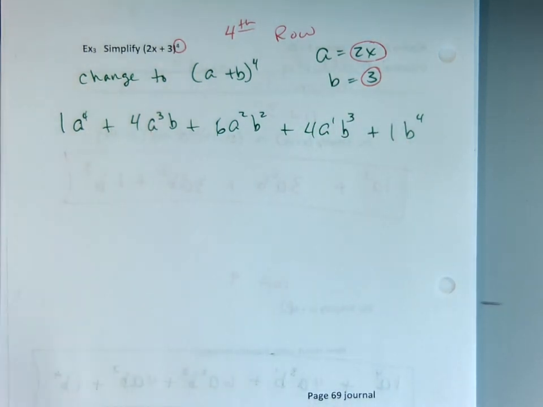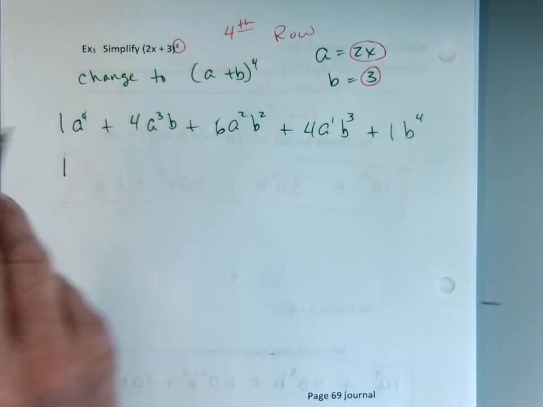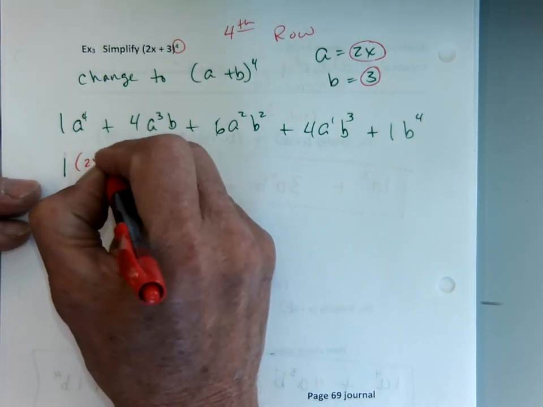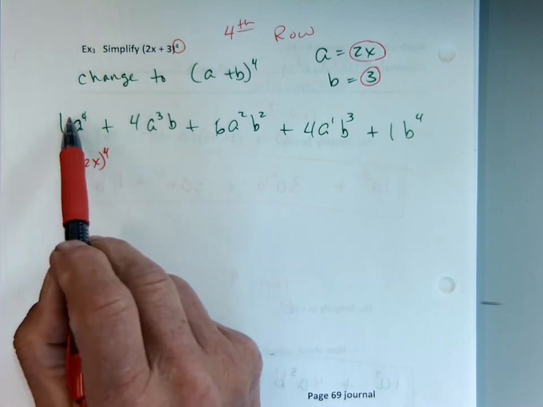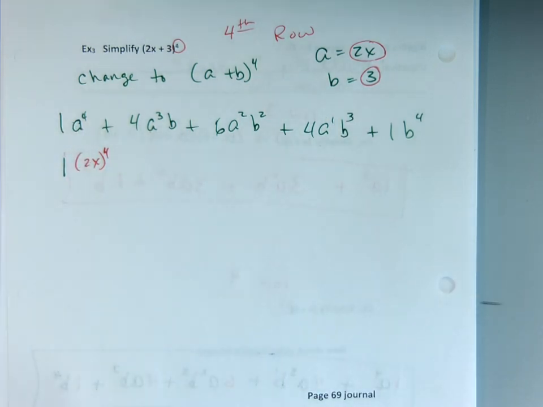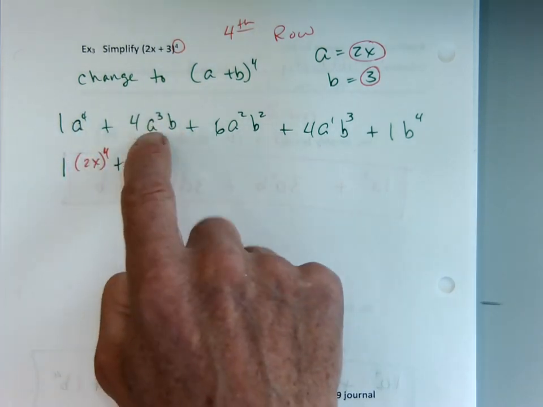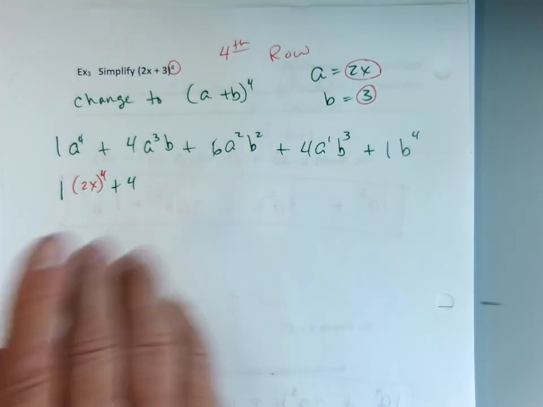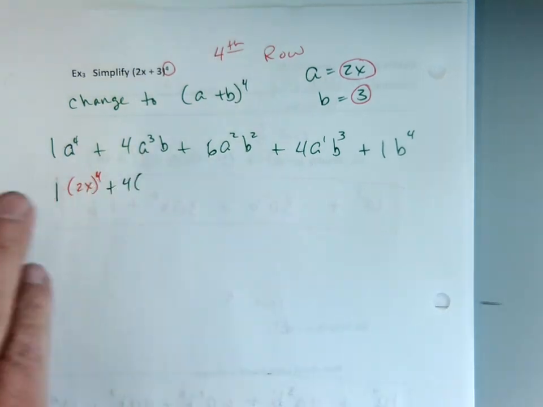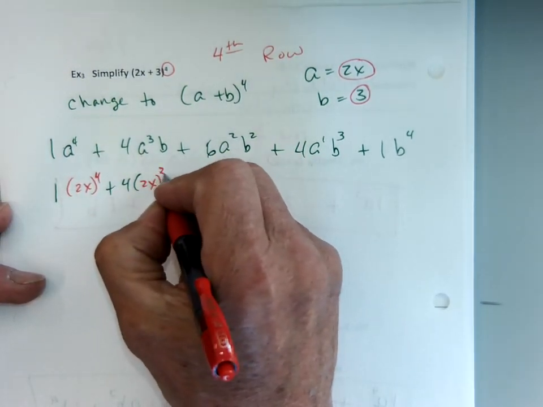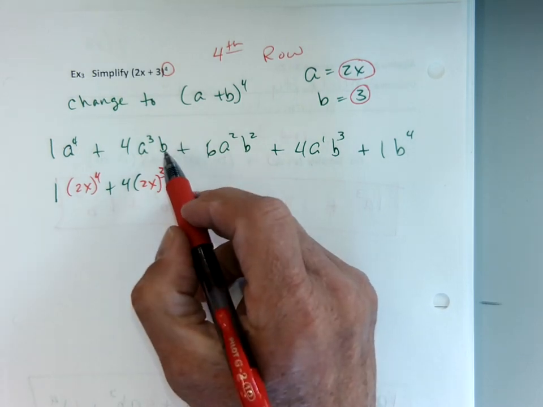I'll still have my 1, and then I'm going to put in 2x to the fourth power. So instead of writing A, I wrote what A is equal to. Plus 4, and instead of writing A, I'm going to write what A is, which is 2x. So my 2x to the third power, but I also got to put in a B. There's a B here, and B is 3.